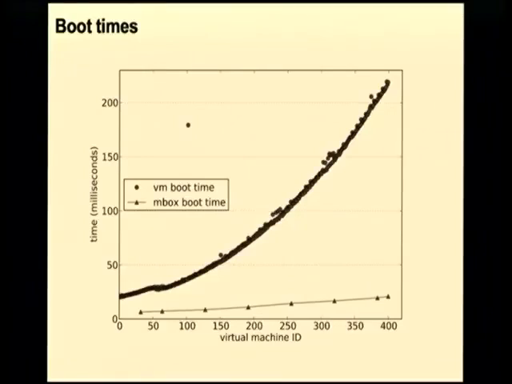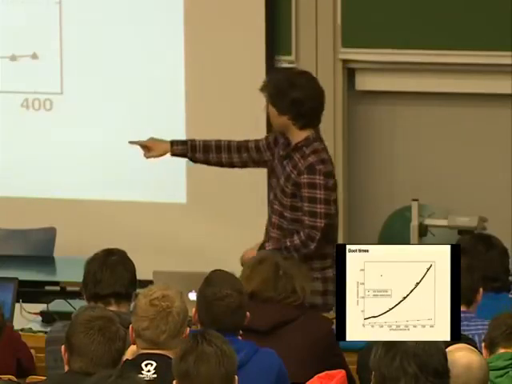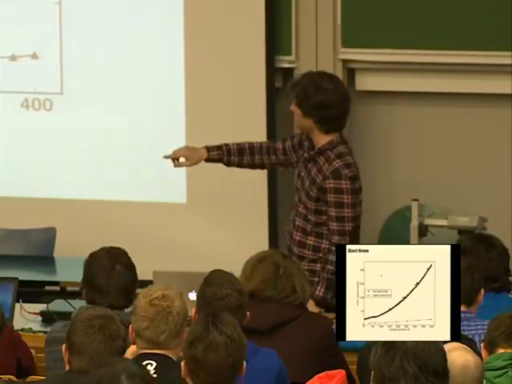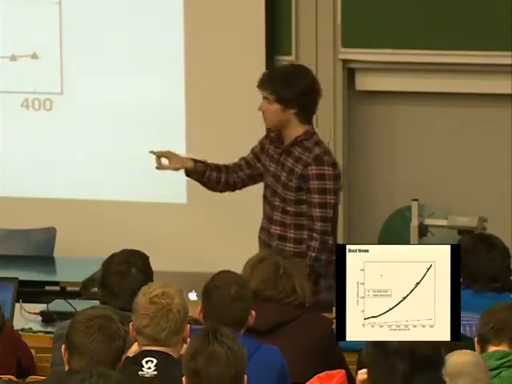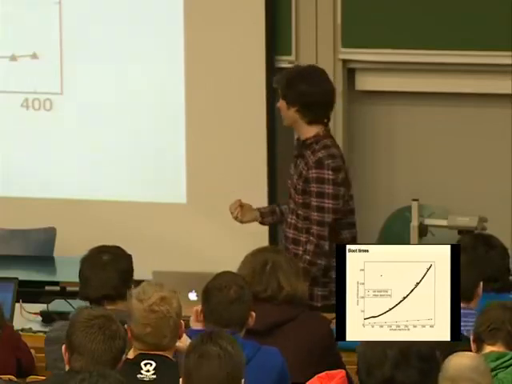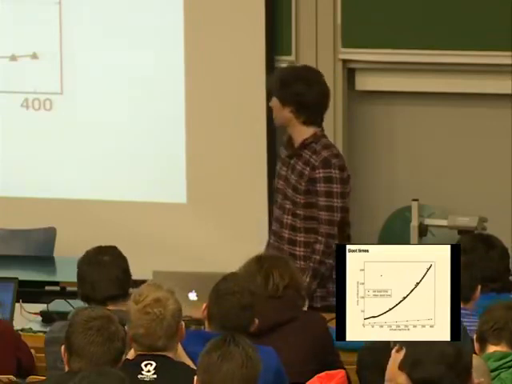The main motivation is that you are able to react as the traffic reaches a peak, and you can expand the number of virtual machines in other machines in order to cope with higher rates. When I say higher rates, I mean like 10, 20, 30, 40 gigs, for example. So the time to create a VM evolves from 22 milliseconds up to 220 milliseconds. The time to instantiate a Click configuration takes between 5 and 20 milliseconds.